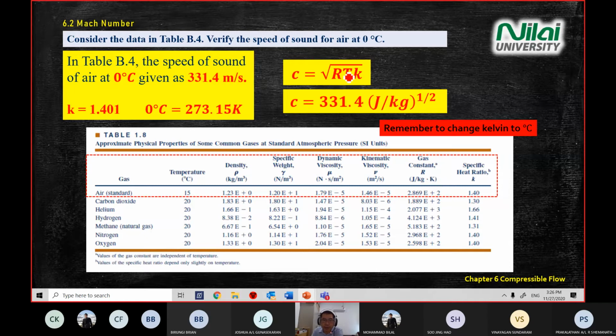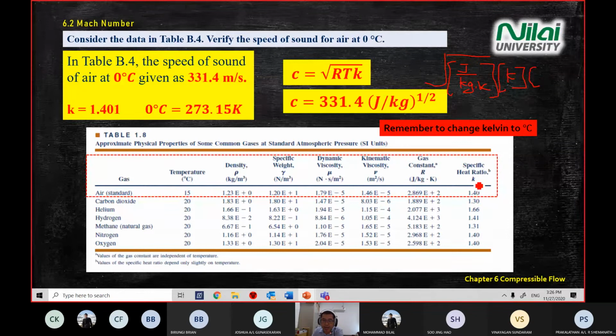If you put all the units inside there, your C will arrive at square root of joule over kilogram. Why do I get this unit? What is the unit for R? Joule over kilogram Kelvin. T is in Kelvin.